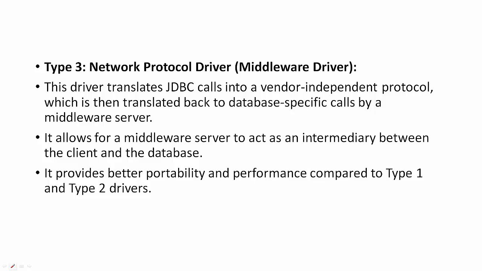It allows the middleware server to interact intermediately between the client and the database. Any application can be deployed in Java, you can make it a server, and you can run it on localhost. It provides better portability and performance compared to type 1 and type 2 drivers.